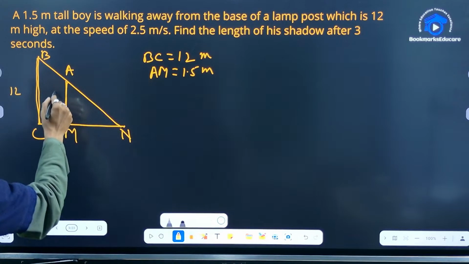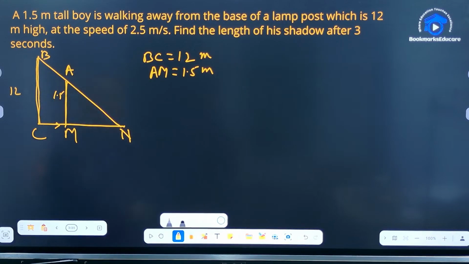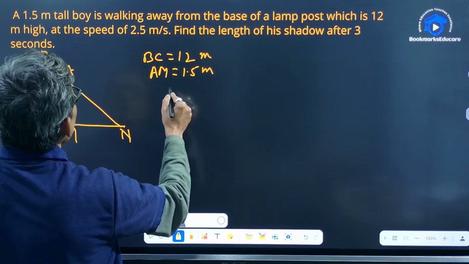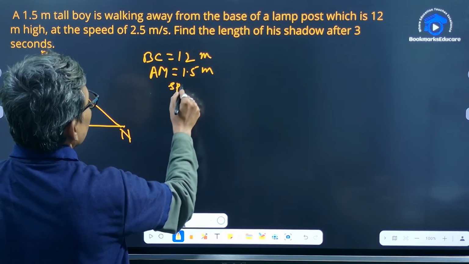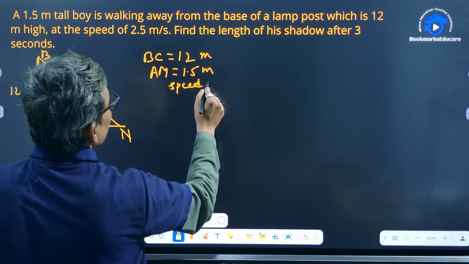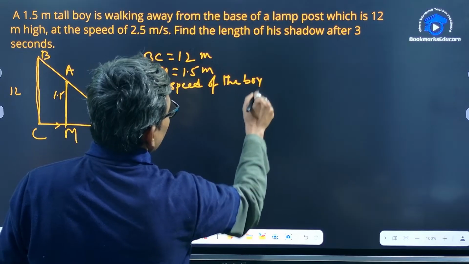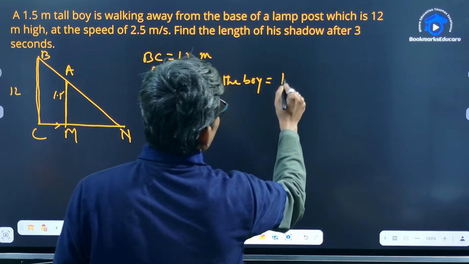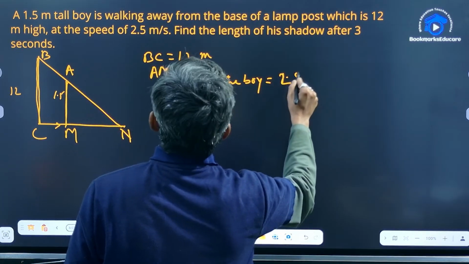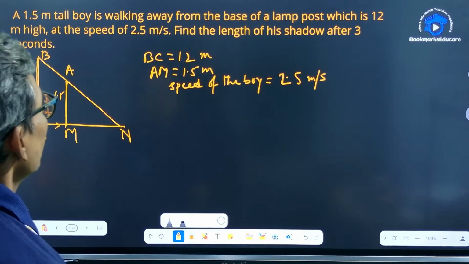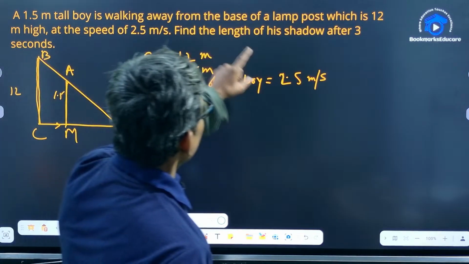The speed of the boy is 2.5 meter per second. Find the length of his shadow.